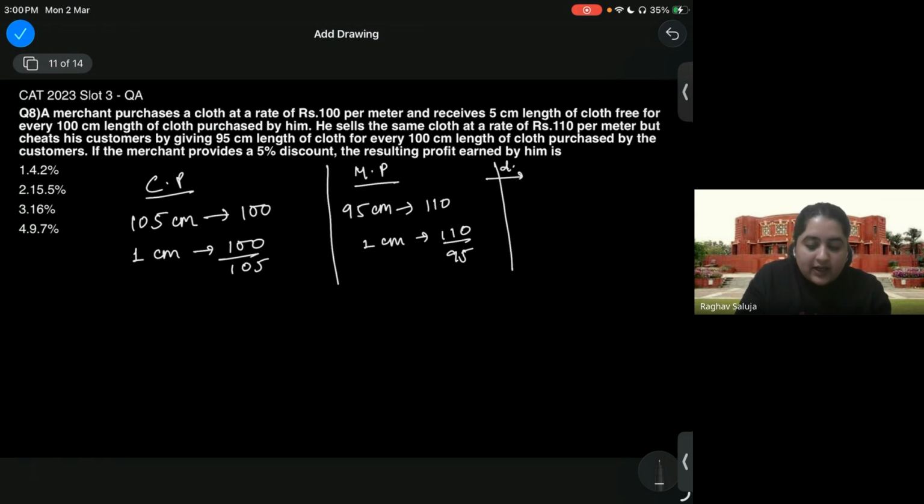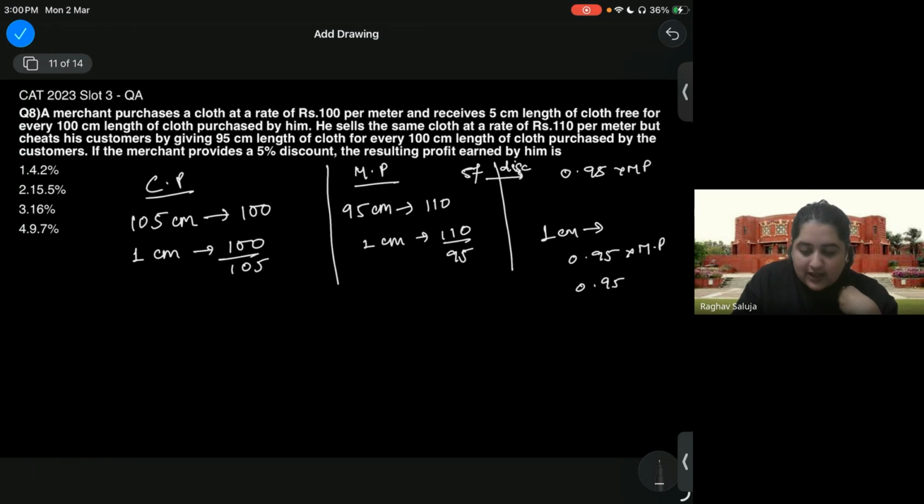Now he provides a 5% discount, that is 0.95 of the marked price, so our 1 centimeter is being sold at 0.95 into 110 upon 95.